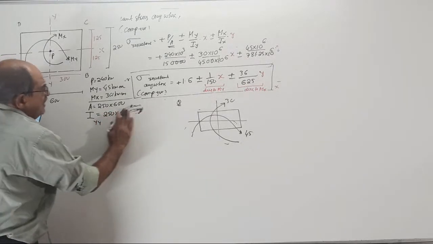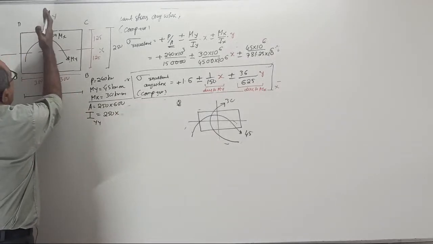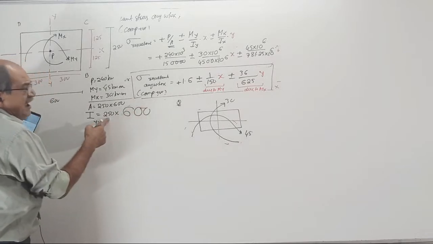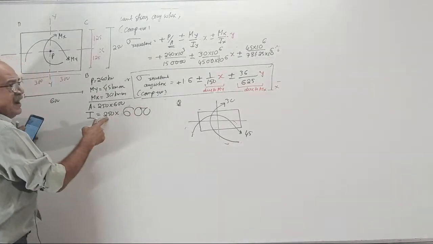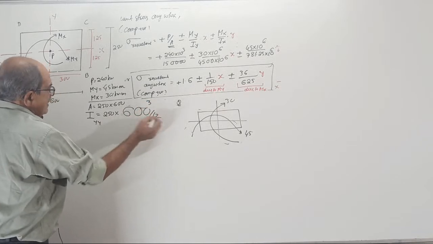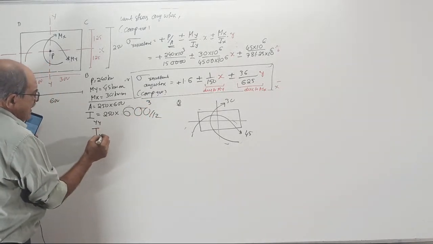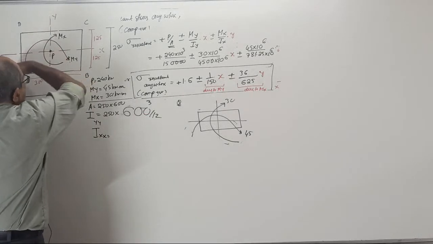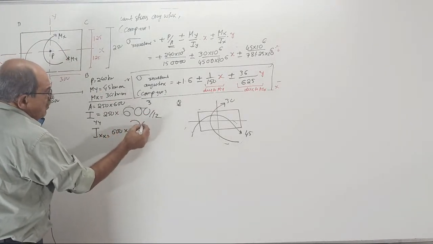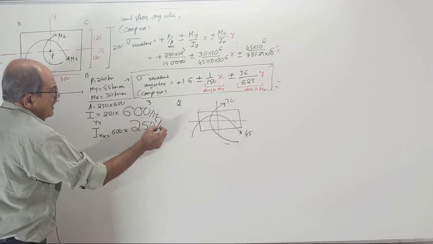Very important: when you want I about Y-Y, the cubing is 600. B is linear. One side is linear, the other is cube by 12. Same way, when I want I about X-X, it is 600 into 250 cube. So the cubing number is very important.